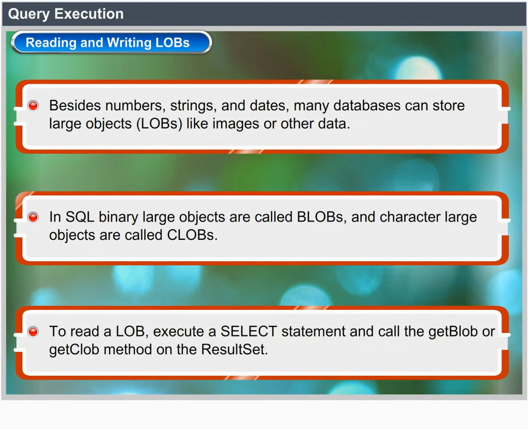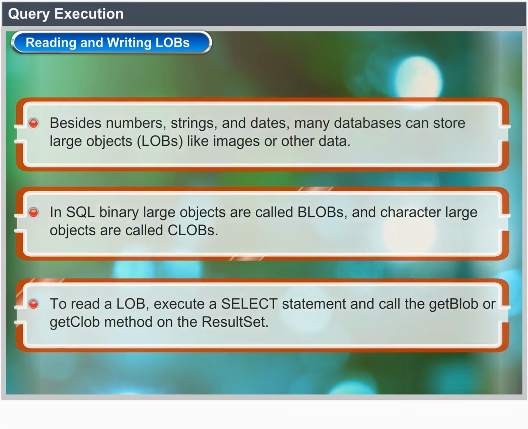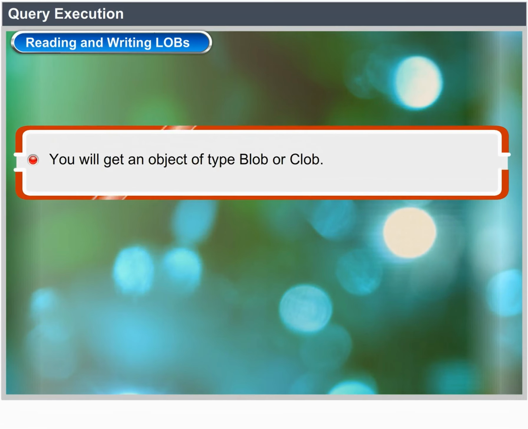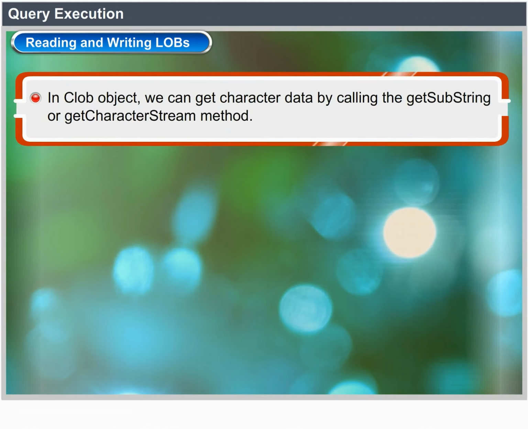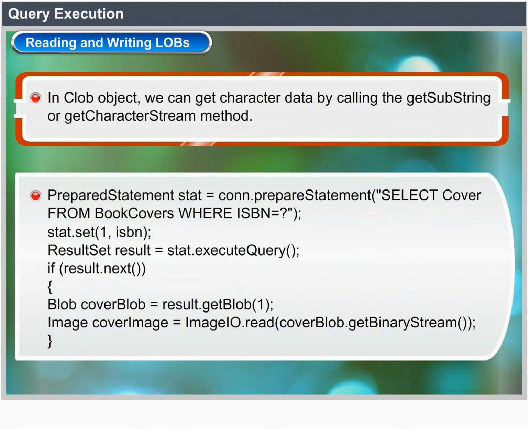To read a LOB, execute a select statement and call the getBlob or getClob method on the result set. You will get an object of type Blob or Clob. To get the binary data from a Blob, call the getBytes or getBinaryStream method. In a Clob object, we can get character data by calling the getSubString or getCharacterStream method.